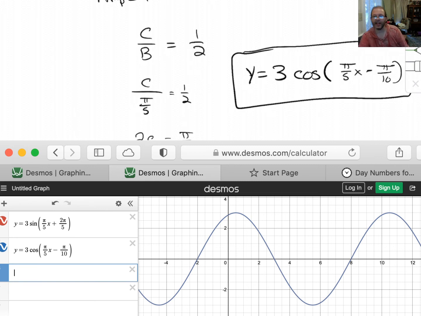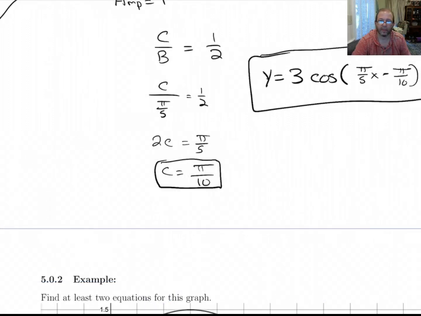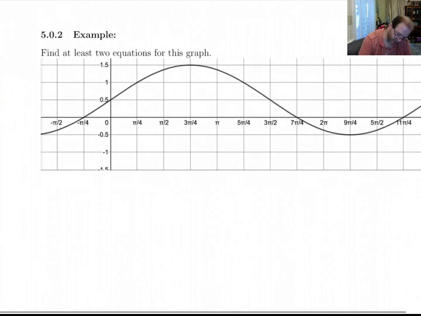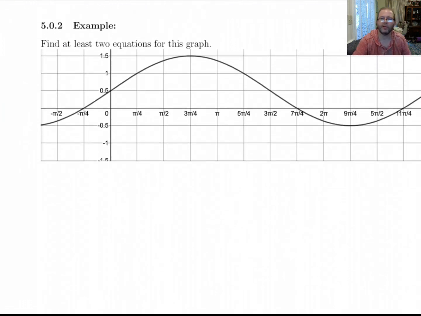And yeah, we got the exact same graph there. So that's a cosine curve that gives us the same thing. All right, we've got 2 more examples. I think I'm going to do these examples, just one example per video.